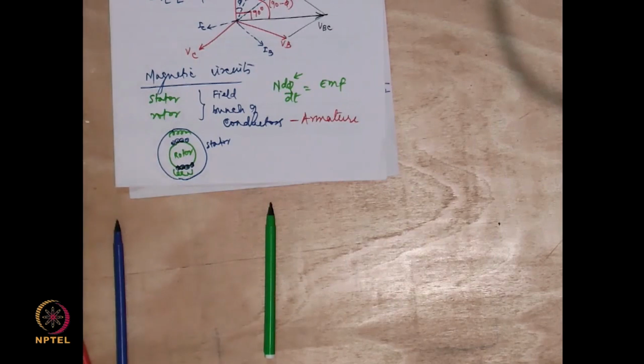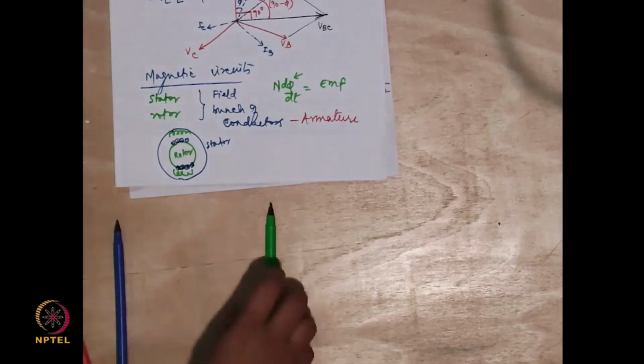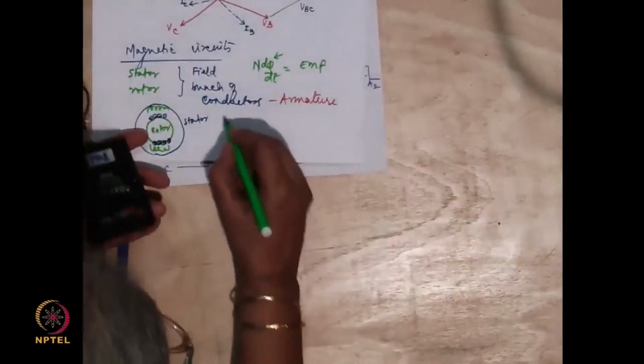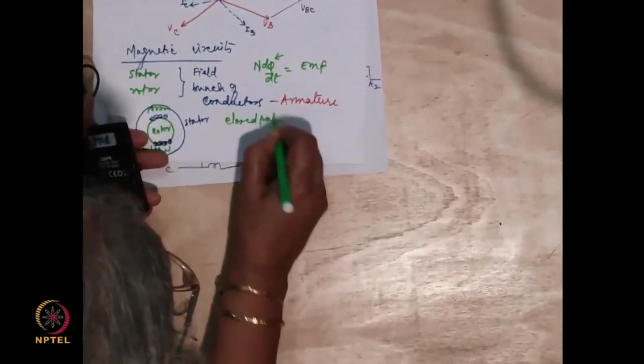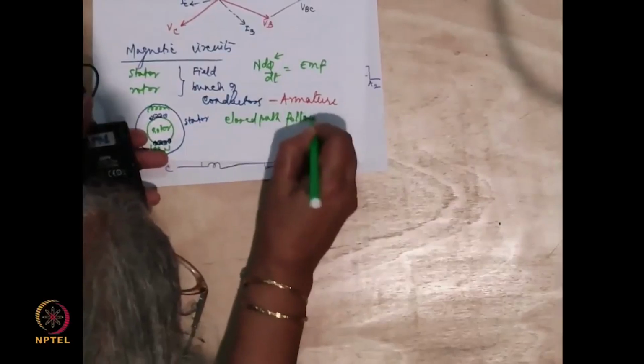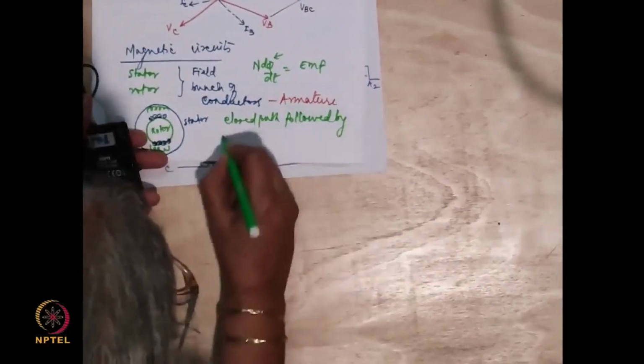So that means it has to necessarily pass through air. When we have the magnetic field lines passing through both iron as well as air, we call that as a composite path. And when we talk about magnetic circuit, the magnetic circuit is defined as the closed path followed by the magnetic field lines.